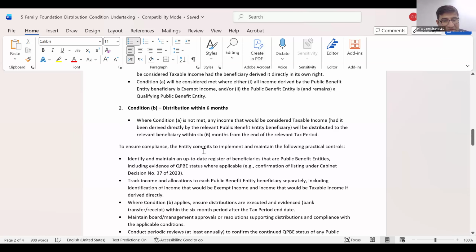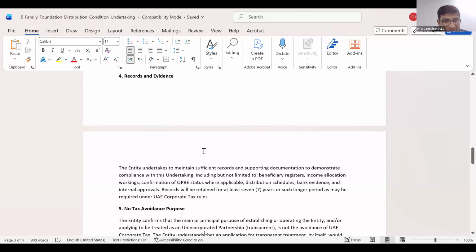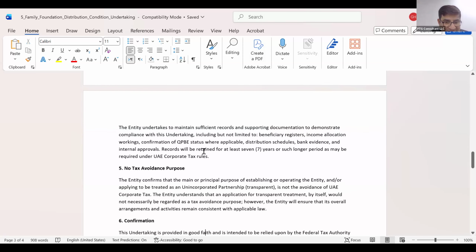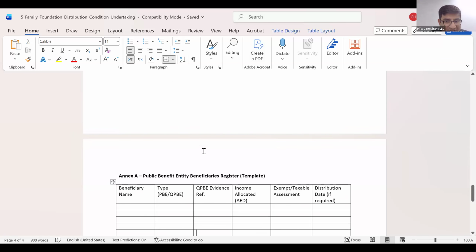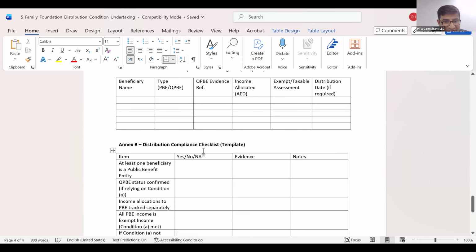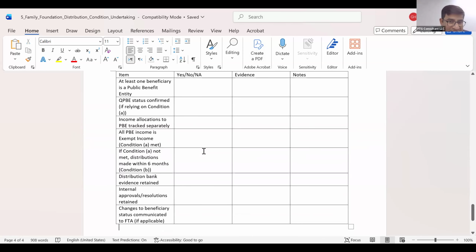So far, we have seen all the possible information and documents as a complete set here, and I also shared the template documents with you. If there are any other questions, I'm open to them.